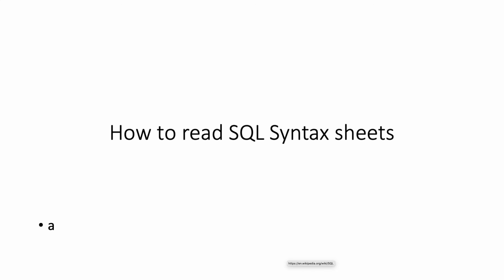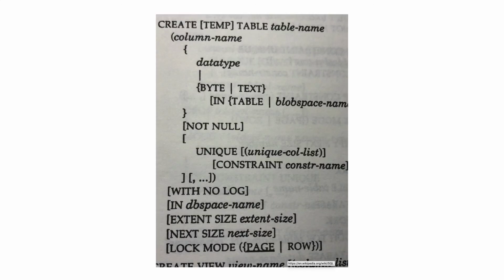Okay. How do you read an SQL syntax sheet? Here's an oldie but goodie. Quite frankly, it's Informix, but it's a simple enough statement we get everything on one page. So, if you see square brackets, it means this is an option that you don't have to take.